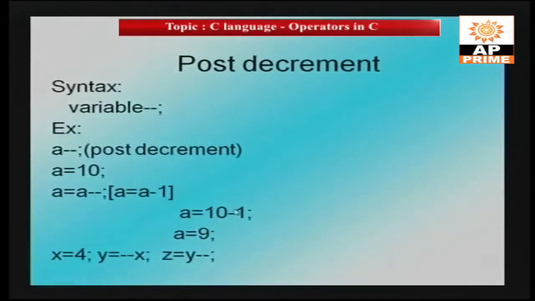If I use post-decrement, variable minus minus, first the variable, then minus minus. A equal to 10, A equal to A minus minus. A equal to A minus 1, post-decrement: already A is 10, 10 minus 1, 9, A is 9. Pre-decrement also A is 9, post-decrement also A is 9.